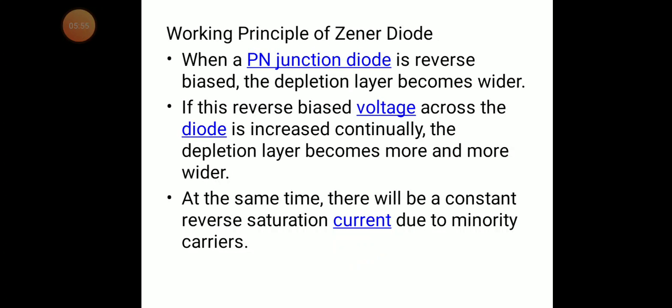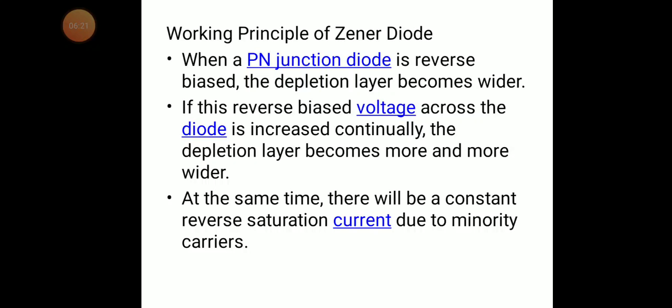When a PN junction diode is reverse biased, the depletion layer becomes wider. This is the actual basic principle of why we are going for the Zener diode. In the PN junction diode, the forward bias is useful, but why can't we use the reverse bias?